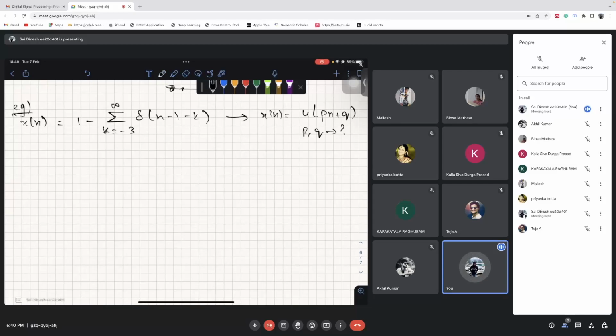Can anyone help me out here? Hello? First step. What should be the first step? What do you think this part of the signal is? Anyone there?